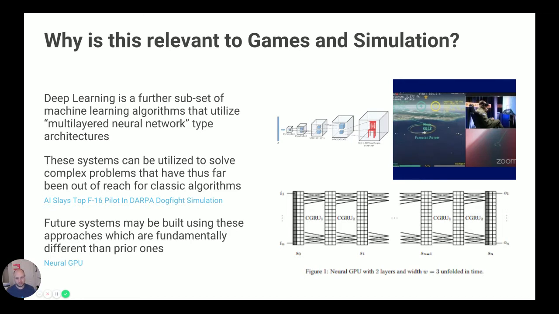For example, these systems can be utilized to solve really complicated problems that are out of reach for traditional algorithms, such as a hierarchical tree network or behavior tree, which may never get to a sufficient level of capability when it comes to, say, a dogfighting simulation, right? I think everybody in this class has had that experience of playing a video game and learning that one thing the AI can't do, and you can outsmart them.